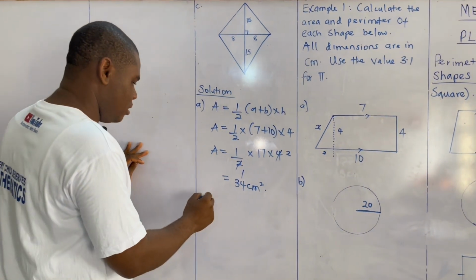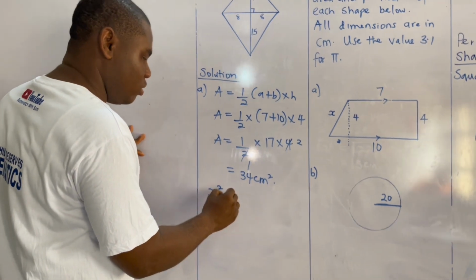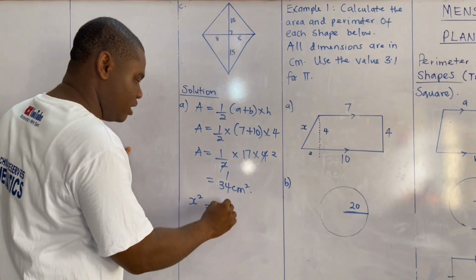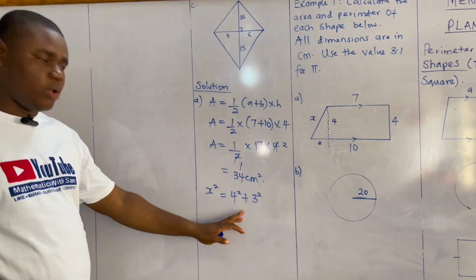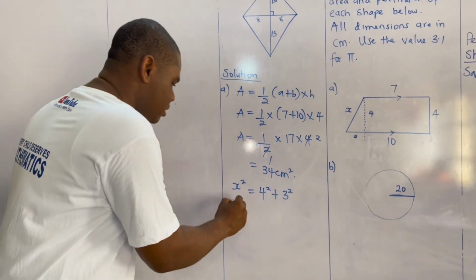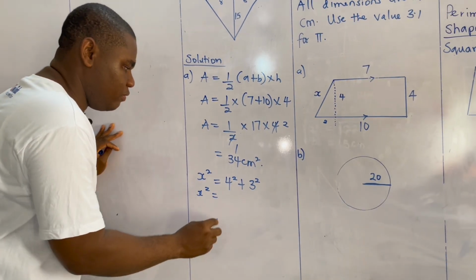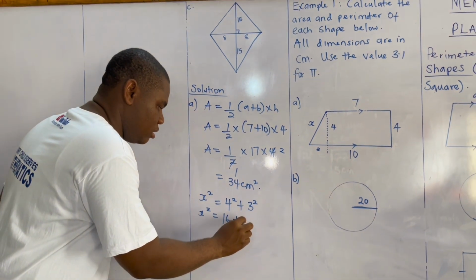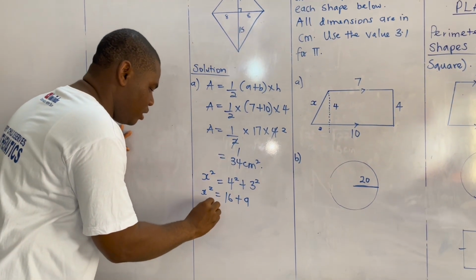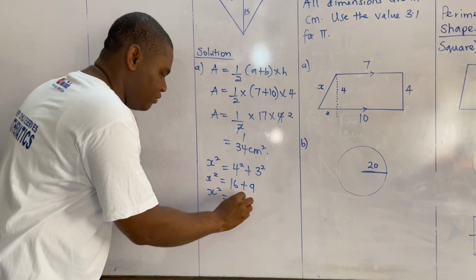The square of the hypotenuse is equal to the sum of the squares of the other two sides. So x squared is equal to 4 squared plus 3 squared. 4 squared is 16 plus 9, so x squared is equal to 25.